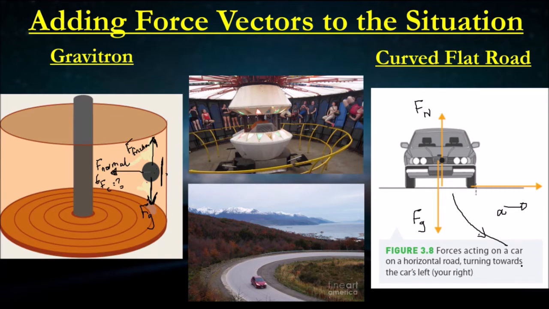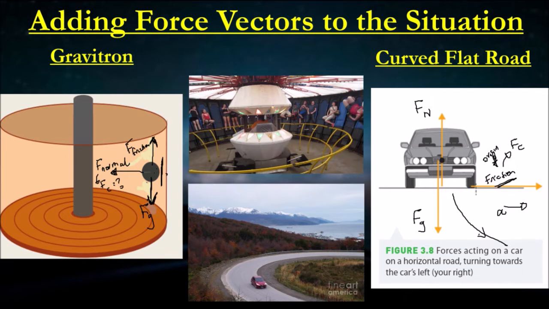So what could be the cause of this circular path? Well, the only thing that's on the road, really, in terms of forces, is friction. So friction is the origin of our centripetal force in this scenario here. You might want to write that down as well. So that's how you do that there.